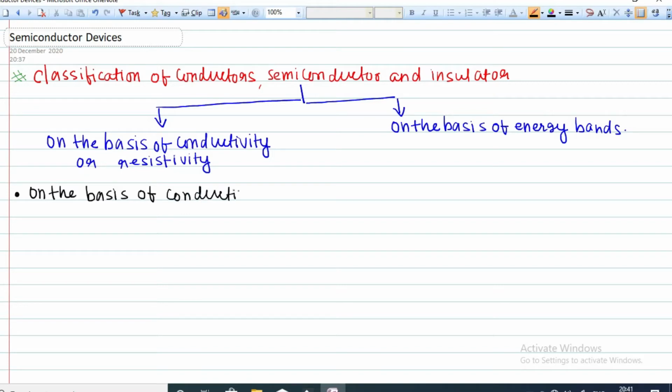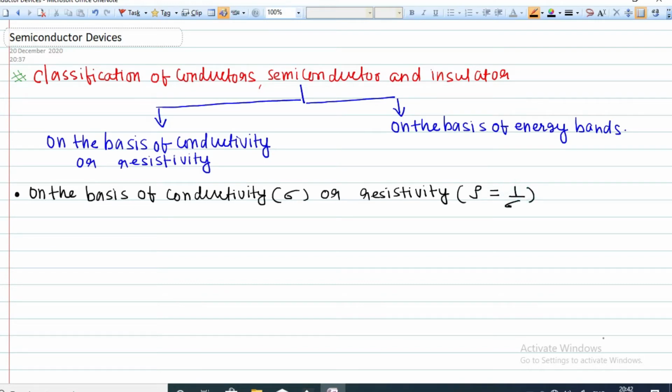Conductivity we represent by the symbol sigma, or resistivity. The reciprocal of conductivity is known as resistivity. Both are reciprocal of each other. Rho, and resistivity is the reciprocal of conductivity, 1 upon sigma.